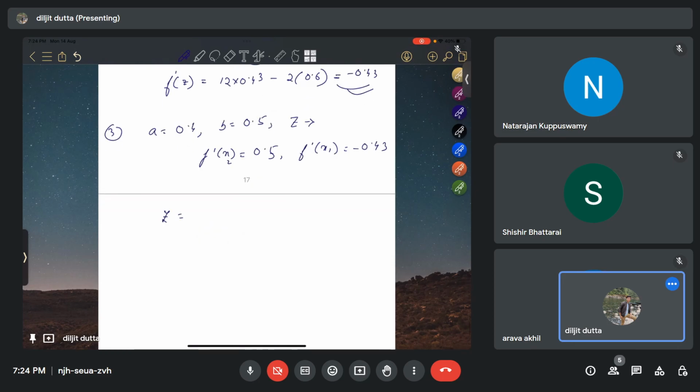Z is equal to x2, where x2 is 0.5, minus f dash x2, 0.5, divided by f dash x2 minus f dash x1, so 0.43, divided by 0.5 minus 0.4. So it is 0.5 minus 0.05, I think, yeah.